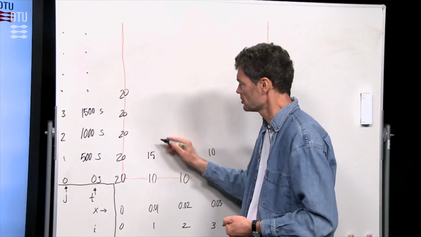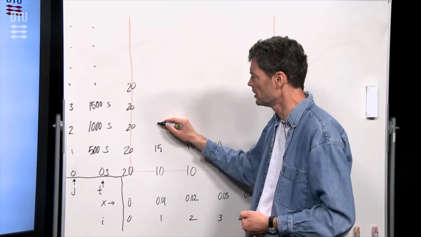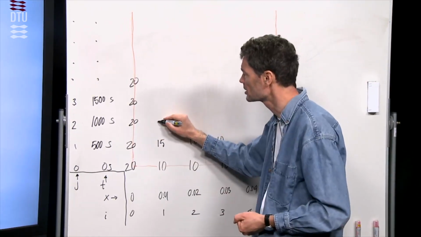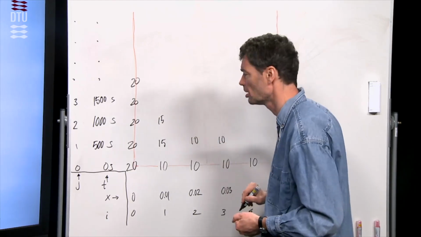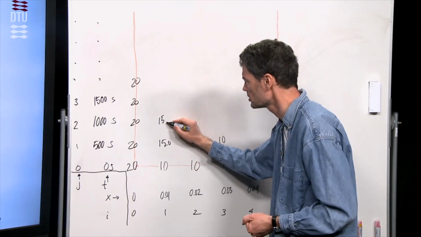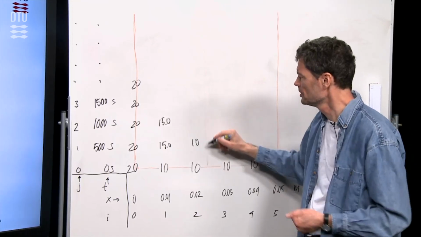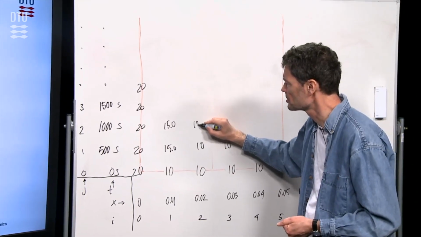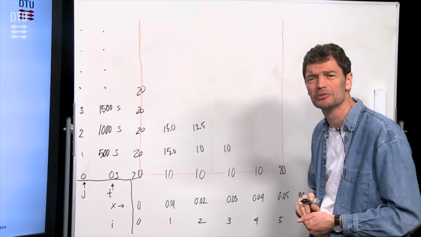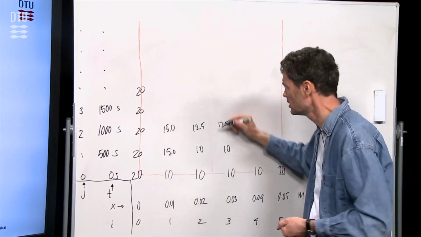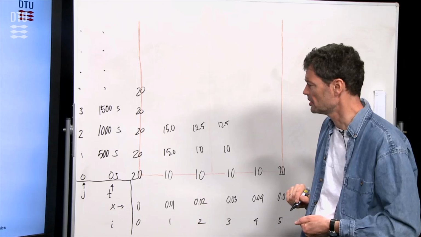Now I can continue. When I calculate the value up here, I get half times this, 0 times that, half times that, and that gives me 15 up here. I may use a little bit of decimals, but that doesn't change anything. Up here, half times 15 and so forth, the result becomes 12.5. So now things are moving over here. For the continuation, because I'm going to look to the right, I'll repeat what I just had here.